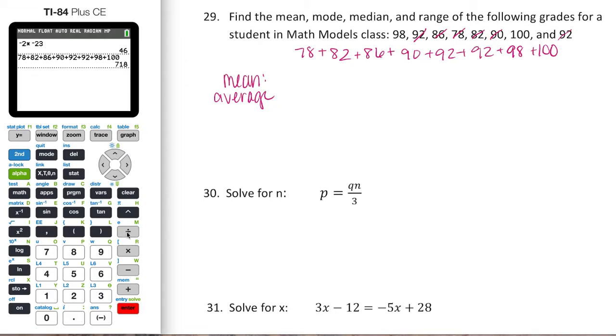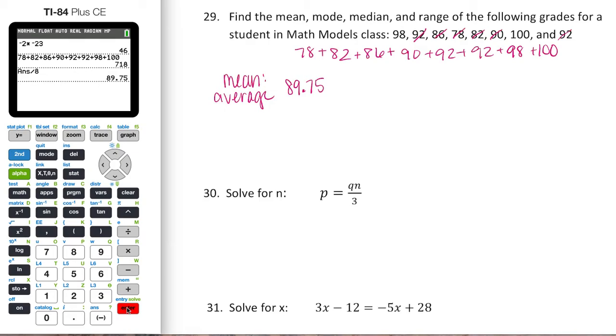Okay, after we get that number, we are going to divide it by the total number of tests that there were. There's 8 tests, so divide by 8, and the mean is going to be 89.75. All right, so that is our mean.